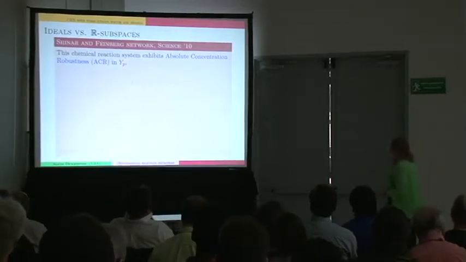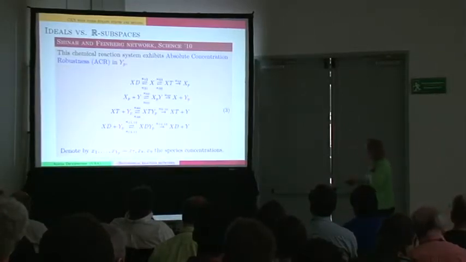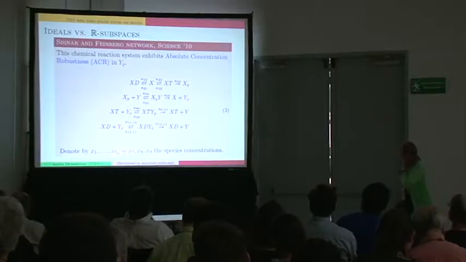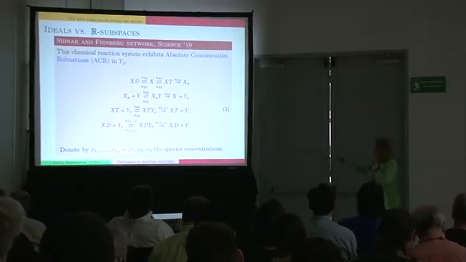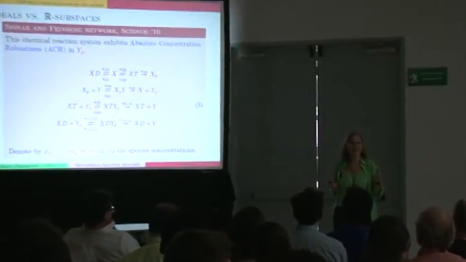Okay? So this is an important system. It's one of the systems that occurs in this paper by Shinar and Feinberg in Science 2010. They show that one of the species exhibits what they call absolute concentration robustness.